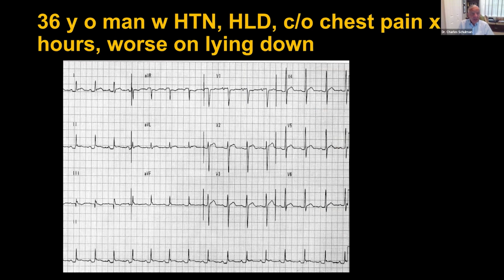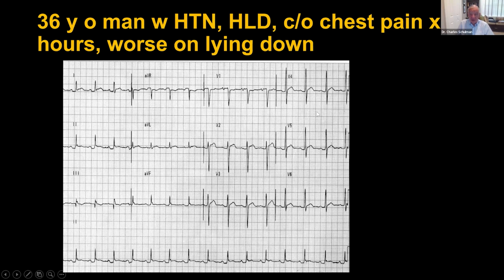Now here is a 36-year-old man who has hypertension, hyperlipidemia, who had 3 days of chest pain, which was worse on lying down. He has ST elevations in leads 1, 2, not so much in 3, a little bit in F, a little bit in L, V2, V3.